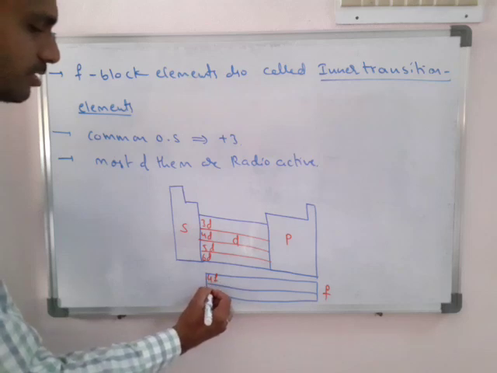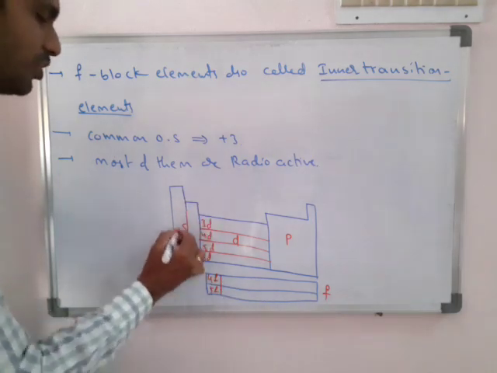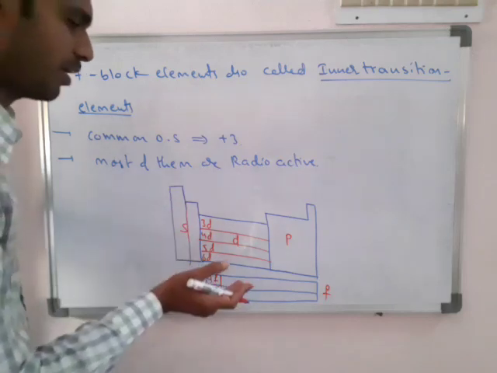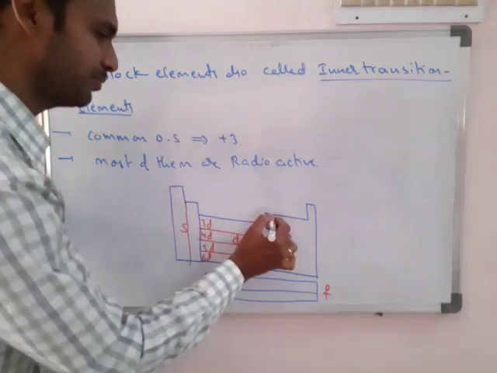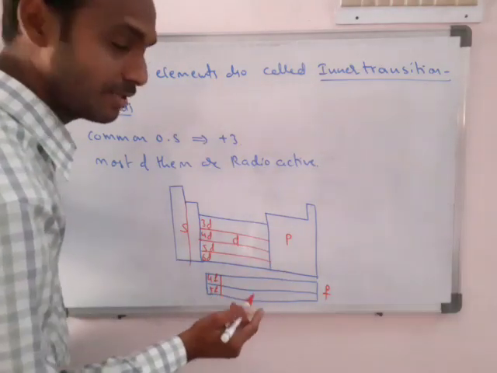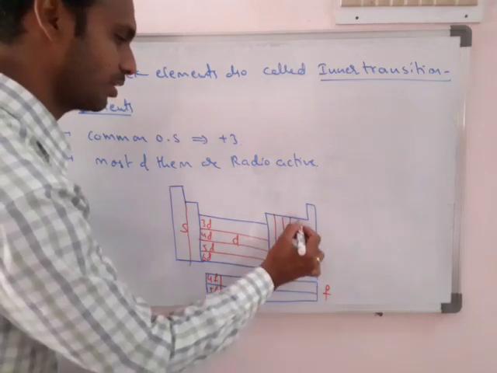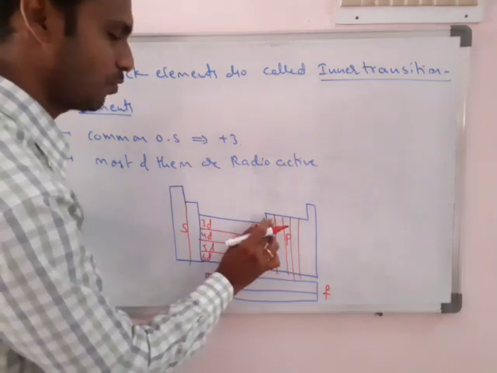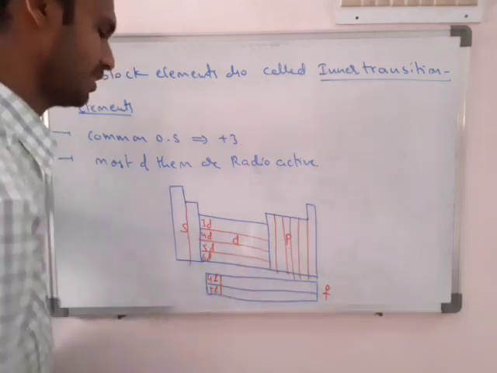Here, how many are there? 4F series and 5F series. Okay, and what are the groups? If you are able to write it, write the groups also. Here 1, 2, and how many groups are there? 6 groups: 1, 2, 3, 4, 5, 6.